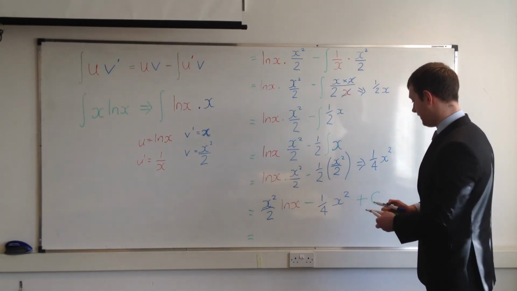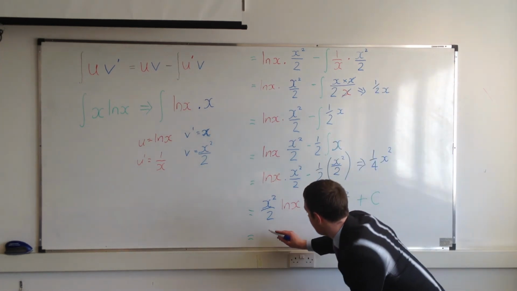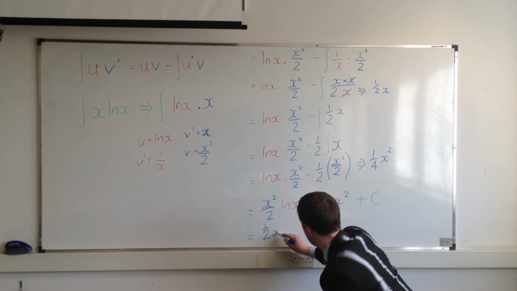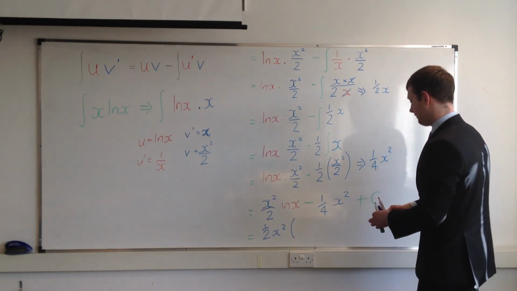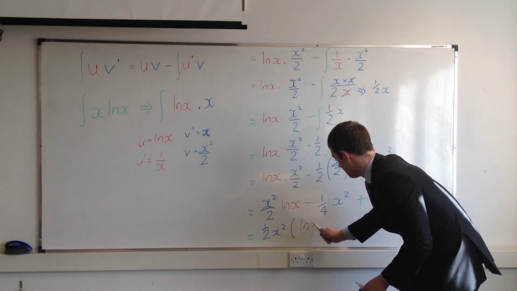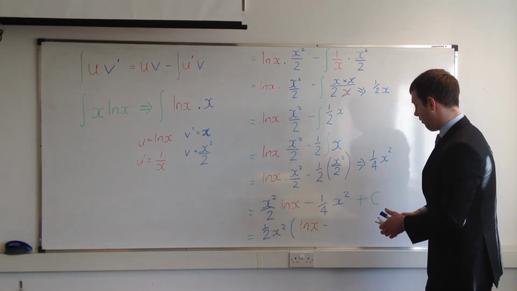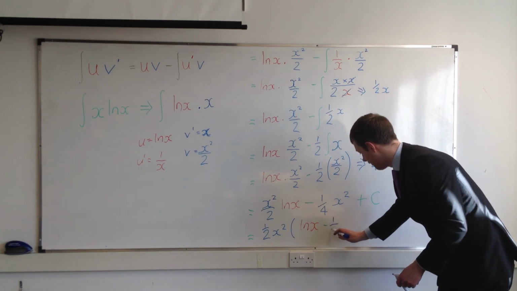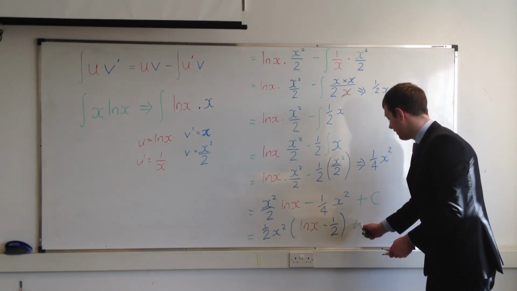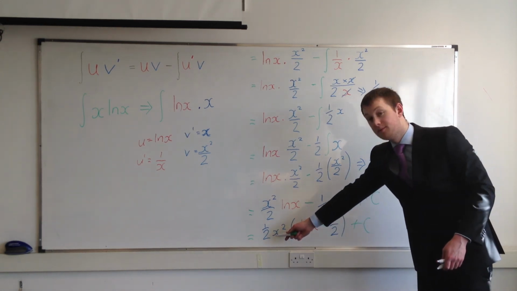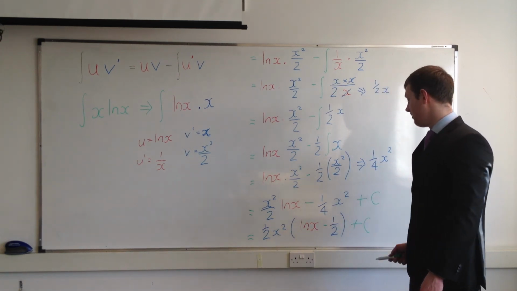And that is simply where you take 1/2 times by x squared out of this equation, so we get a 1/2 x squared times by the ln of x minus 1/2 plus c. Obviously, when this is times by 1/2 x squared, it will give this answer here.